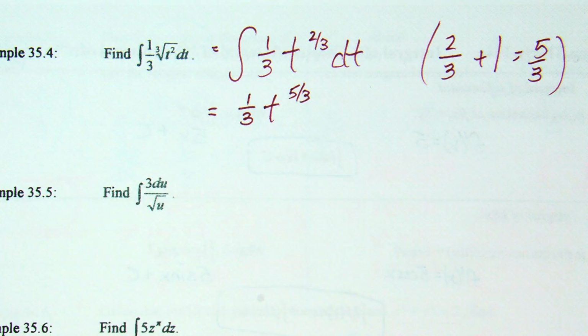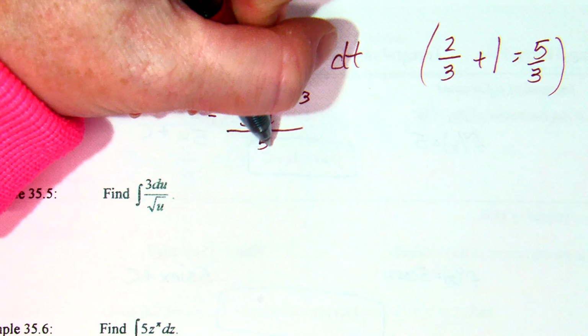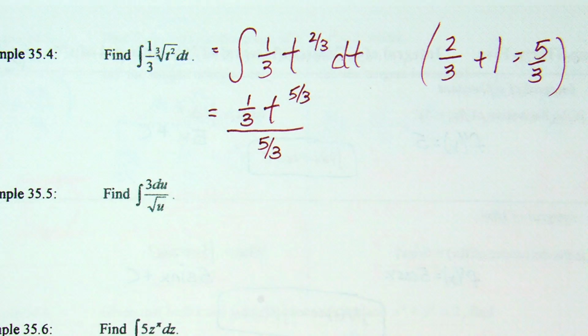Okay, what else do? I add 1 to the power and then what? Divide by the power. So that means I'm dividing by 5/3. And? Okay. I'm going to write on the plus c, just because I don't want to forget it later.